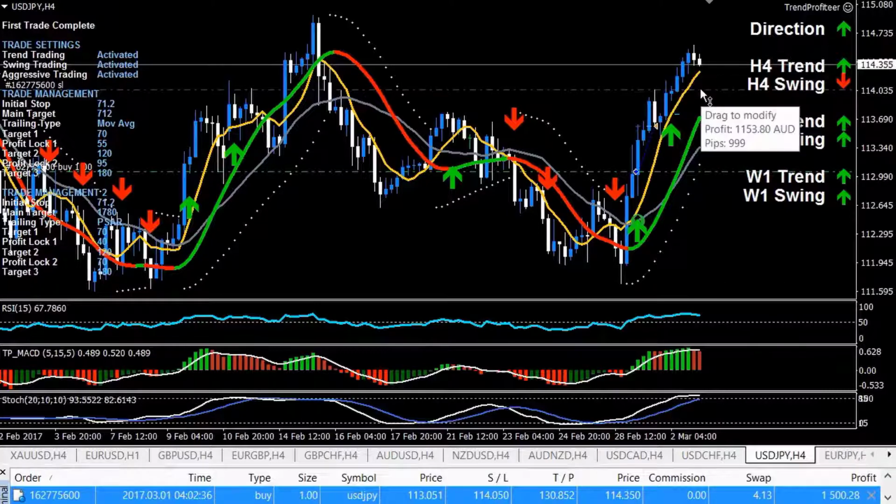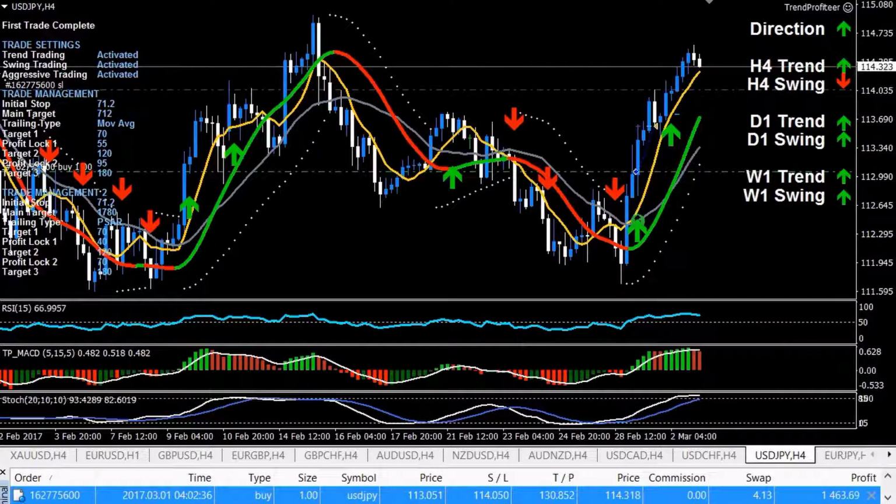When the money gets bigger, even though this is on a one-lot trade, it's still serious money. $1,500 is $1,500. I can think of a lot of things I could do with that, and I'm sure you can too. So, right now, I'd like to lock in some profits, and we may be experiencing a bit of resistance, but I don't really care at the end of the day, because all I care about is the end result. So I've decided to lock in some profits, and let's see how we go.